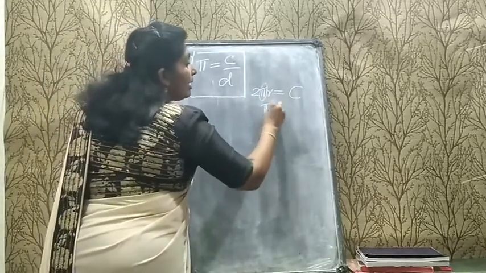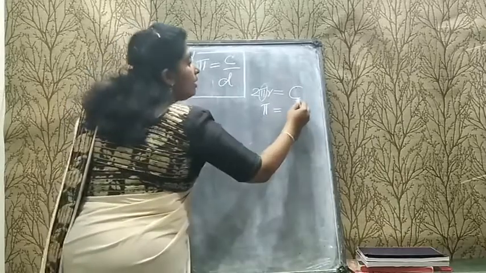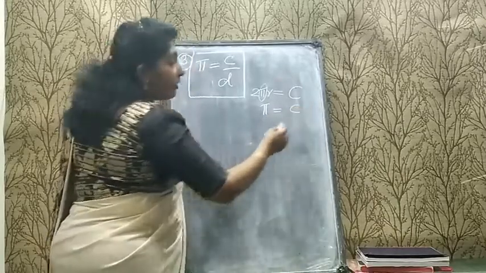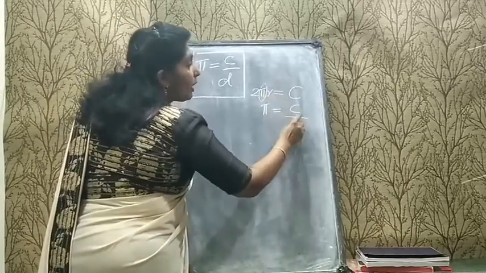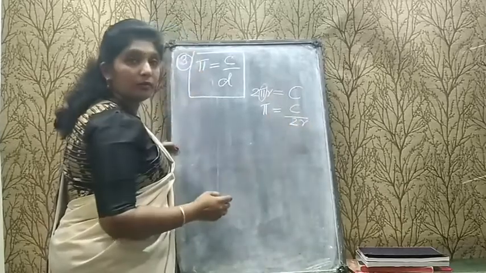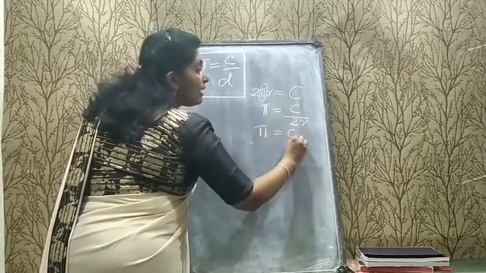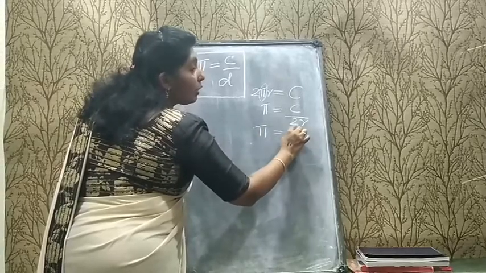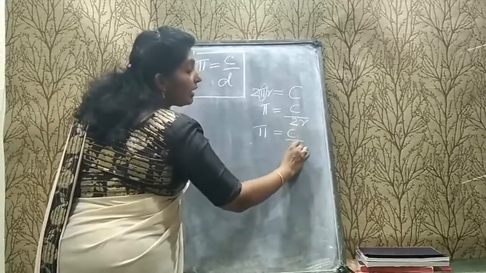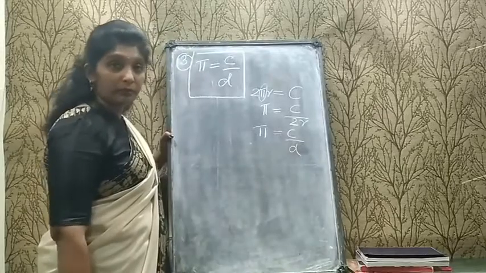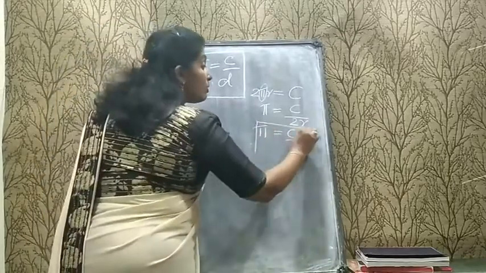Then pi is equal to C, which is on the right hand side, divided by 2r. It means pi is equal to C divided by 2r. 2 times the radius means diameter. This is the question they have given.